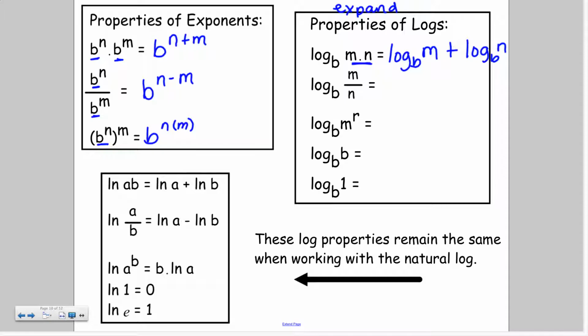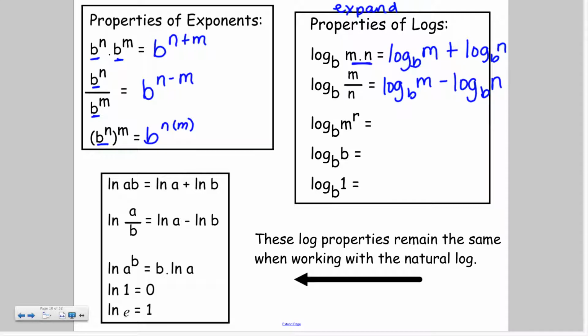We're going to separate them out, but they're going to have the same log base. So we're going to make it bigger. When we divide, we subtract. So we're going to have log base b of m, and remember, the one on top always goes first, minus log base b of n.